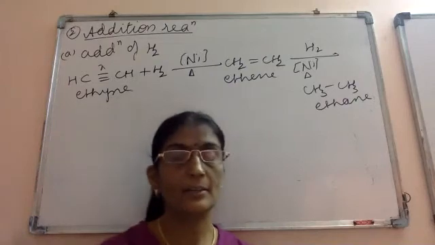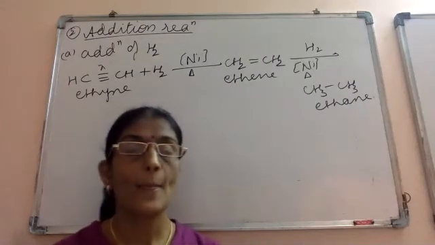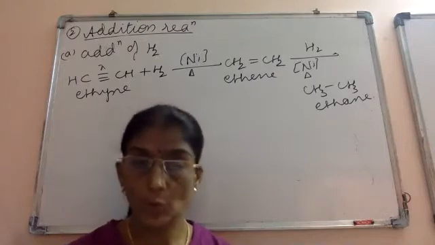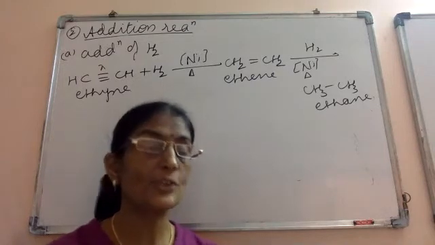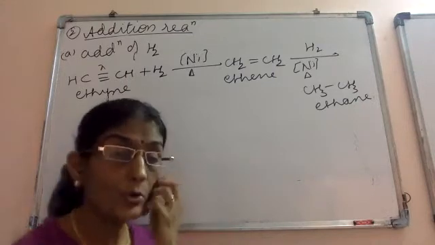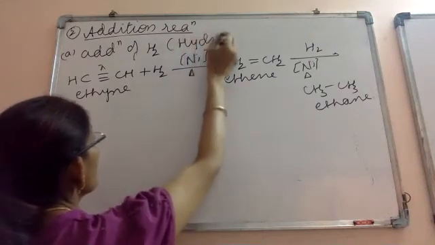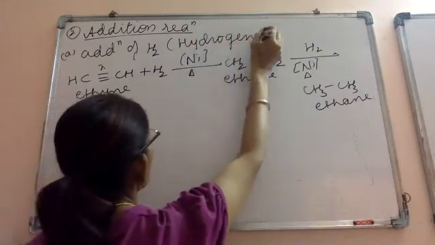So ethyne, when hydrogen is added on it, we get ethene. And on ethene, if one more molecule of hydrogen is added in presence of nickel, we get ethane. This is called hydrogenation reaction. Because hydrogen is added, it is called hydrogenation.